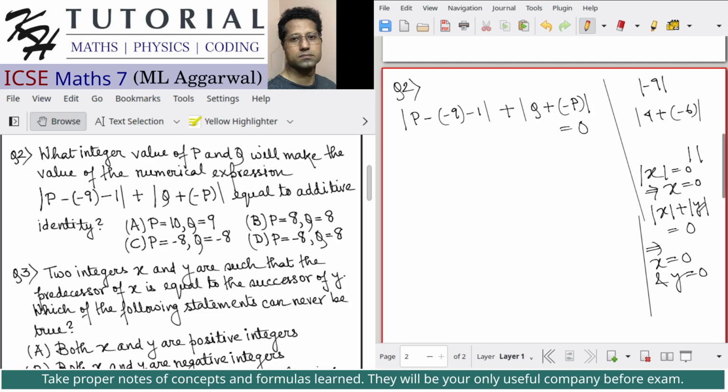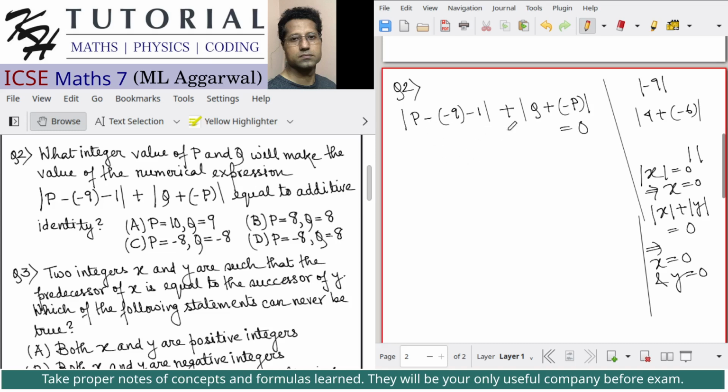Now these x and y can be a single integer or some numerical expression. So if you have the addition of two or more absolute terms, and the sum is given to be 0, then all the individual numerical expressions inside the absolute operator will be 0.